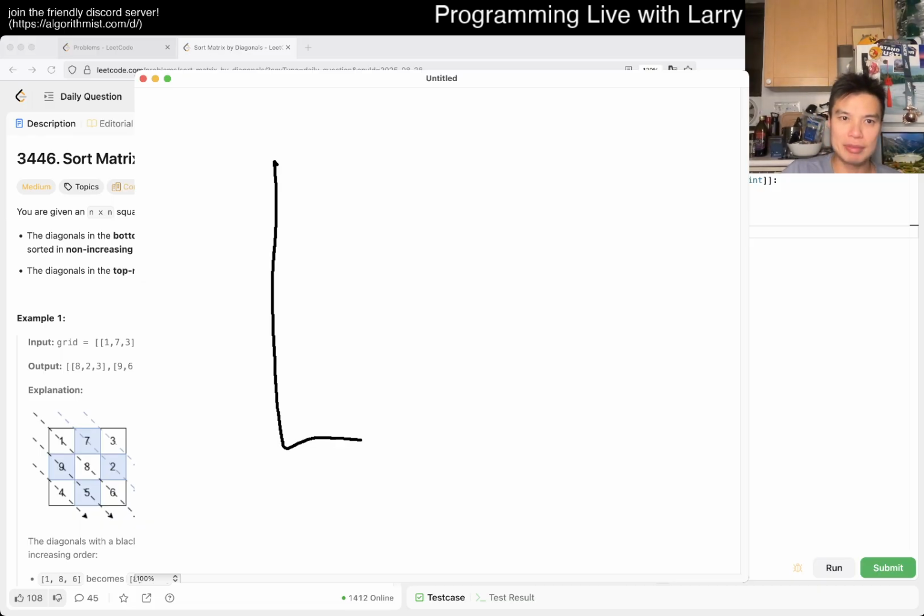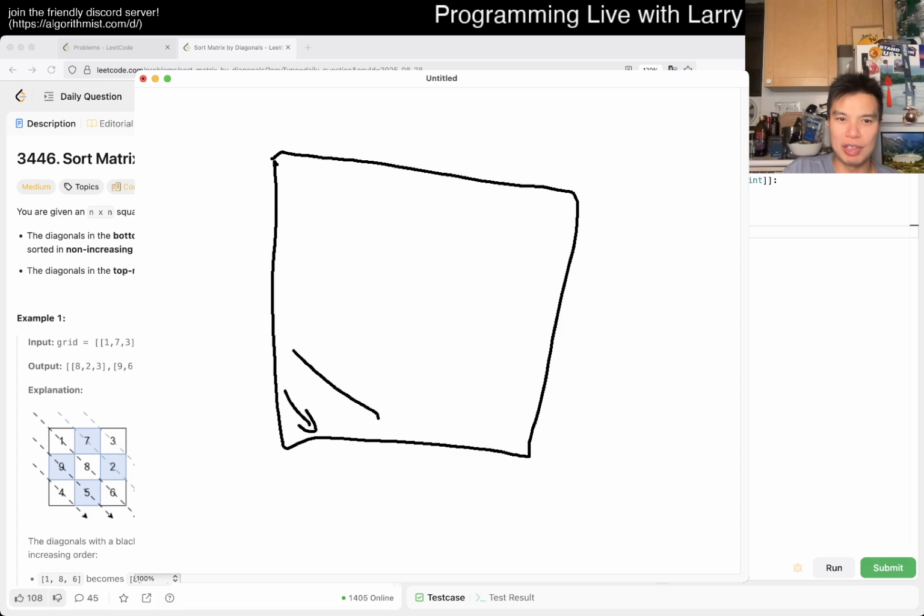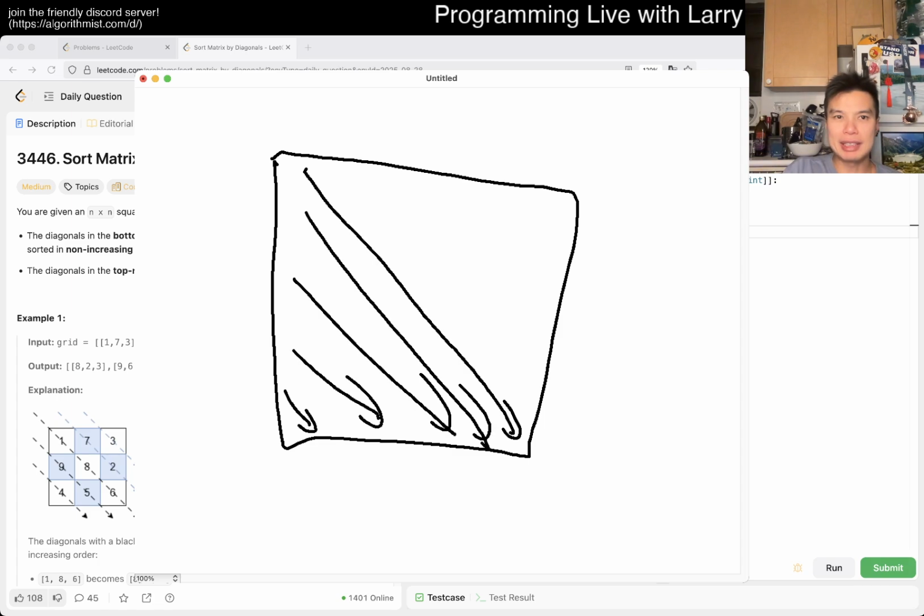So we have a grid. If you go along this diagonal, what does that mean? There are only two kinds of diagonals, so you just have to check which one it is, because it's either x minus y is equal to k or x plus y is equal to k.